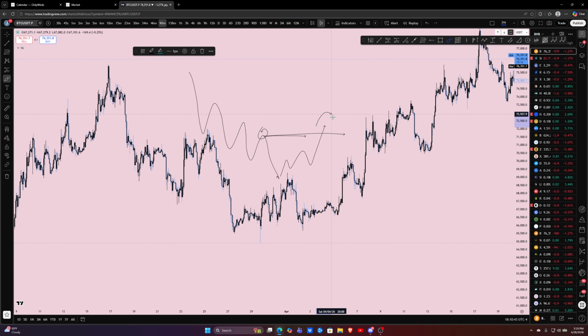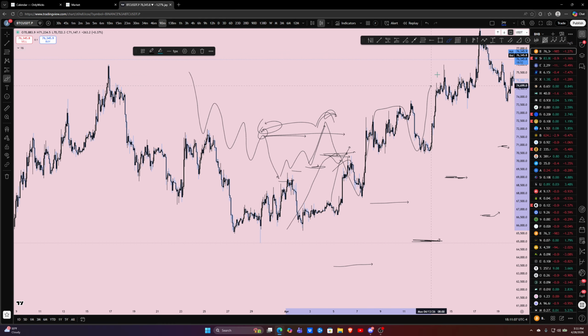Now we've broken above and made a higher high, then we can start to look for a higher low, a low that's higher than the previous ones. Because on an uptrend, you're going to have low, high, higher low, higher high, higher low, and higher high. That's the structure formation of an uptrend. You see that now, right?